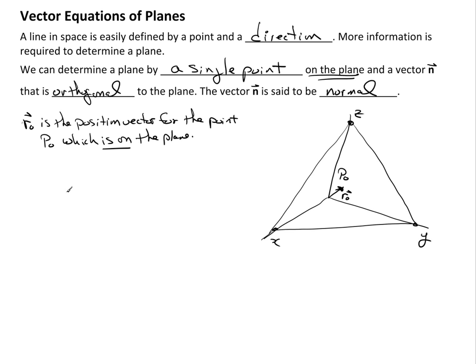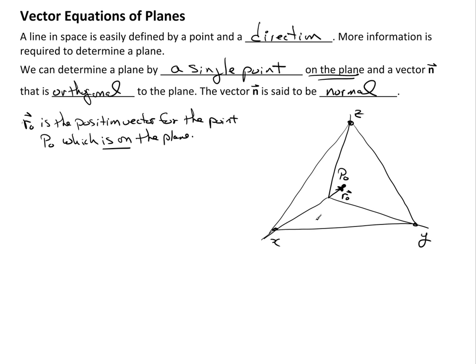When I say it's on the plane, I'm talking about the point p0. P0 is on the plane. R0 is not. This vector does not lie on the plane. See, it reaches from the origin out to the plane. So the tip of r0 touches the plane, and that's what identifies that point, p0.